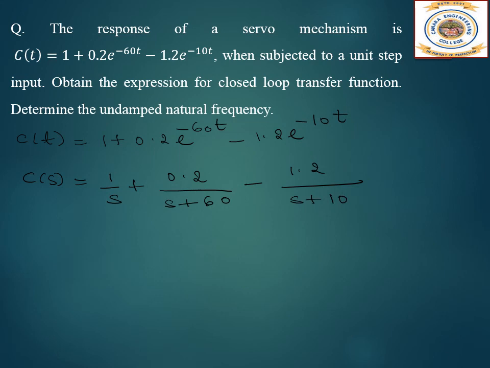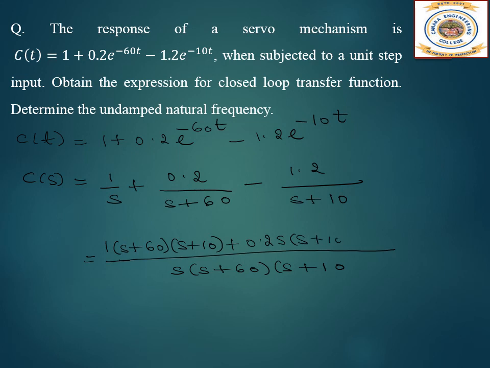Now let us take the common denominator, S into S plus 60 into S plus 10. The numerator is 1 into S plus 60 into S plus 10, plus 0.2 into S plus 10, minus 1.2 into S plus 60.